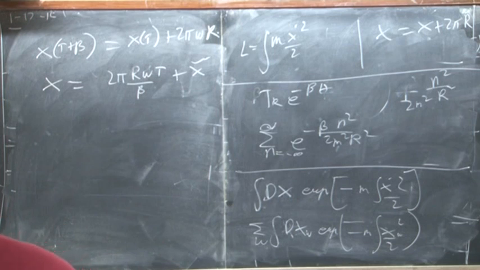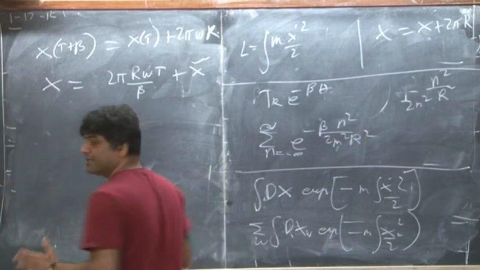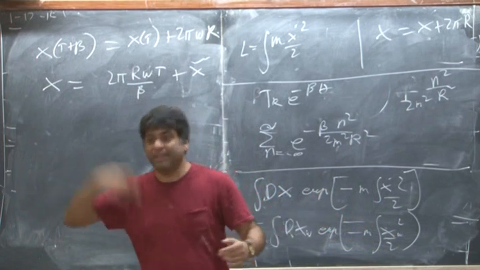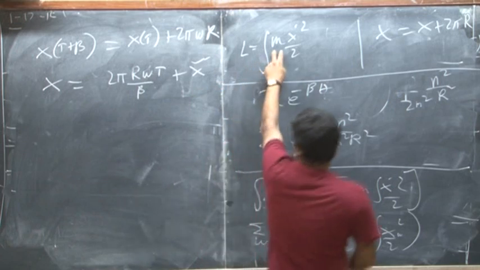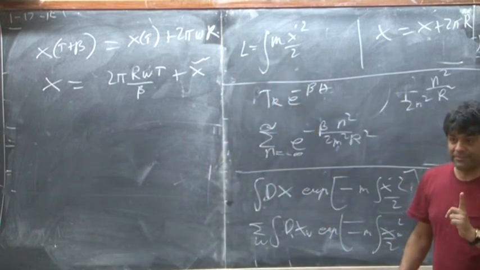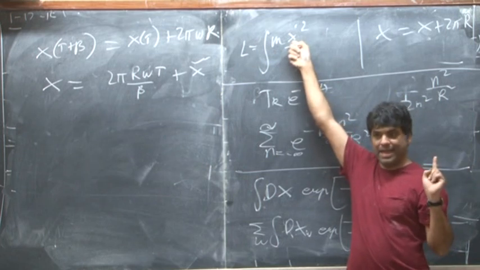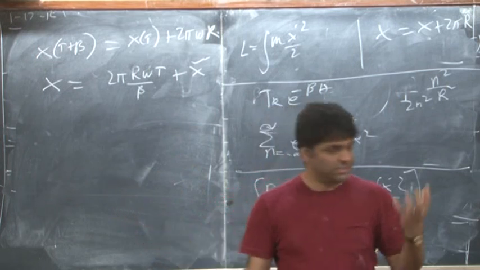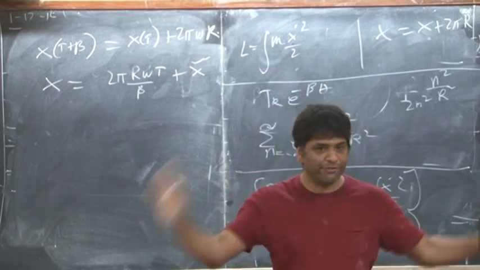Beta is 2 pi r? No. R is the identification of the spatial circle in X. Beta is the temperature. So we've got two different things. We have two circles. You see, X is on a circle. And then we want to compute the partition function of this model, which is a particle on a circle at some temperature T. Two different quantities.